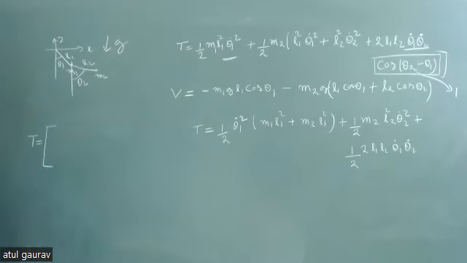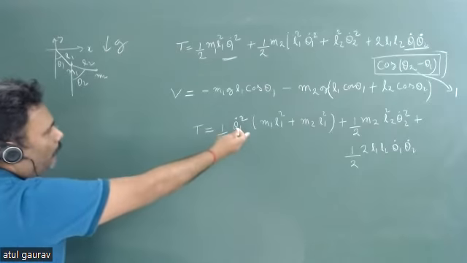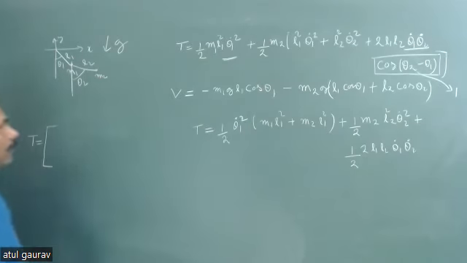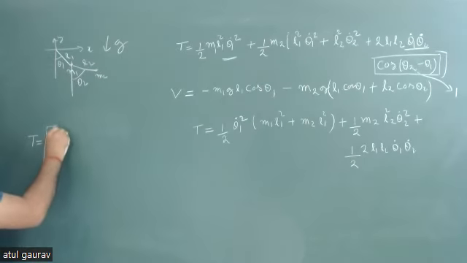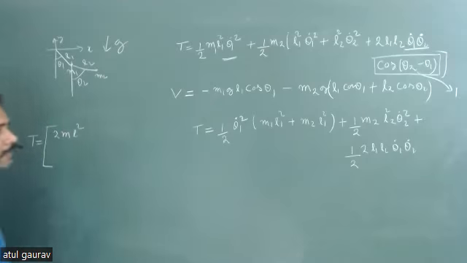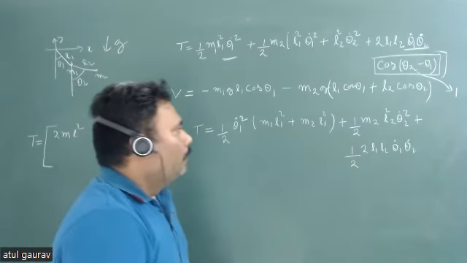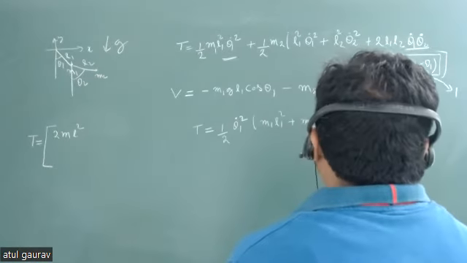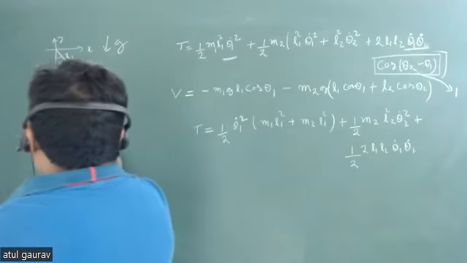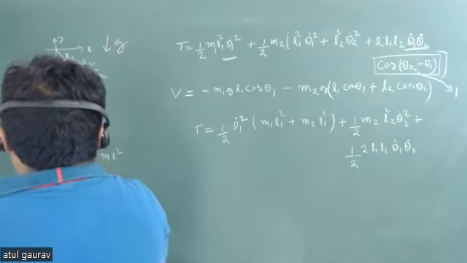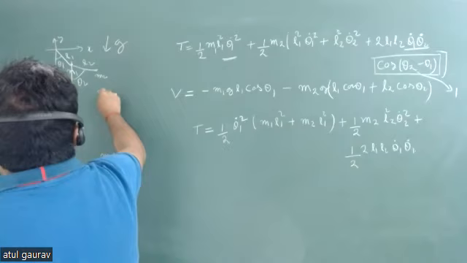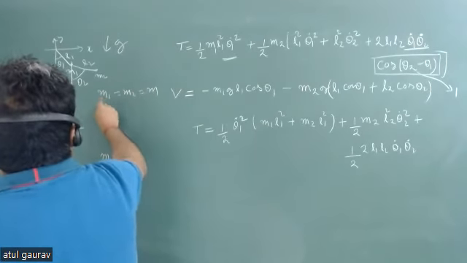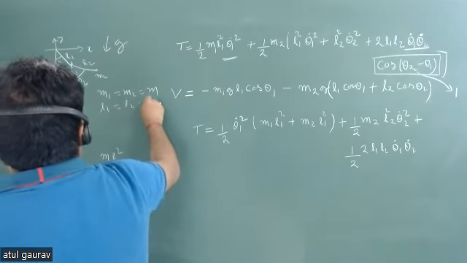Just put m1 equals m2 equals m, and L1 equals L2 equals L. What will the first term be? 2 m L square. Okay, now what will the second term be? This other diagonal term is m L square.